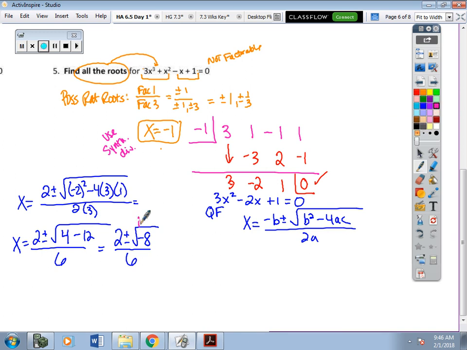And that's i square root of 4 times the square root of 2, which will get me 2i square root of 2. And I can reduce my outside numbers because this is 2 over 6 plus or minus 2i square root of 2 over 6, and I can reduce those to be 1/3. So I'll get 1/3 plus or minus i square root of 2 over 3.